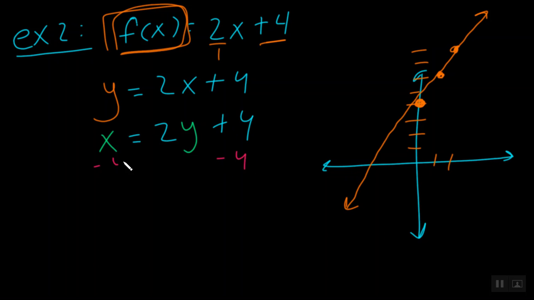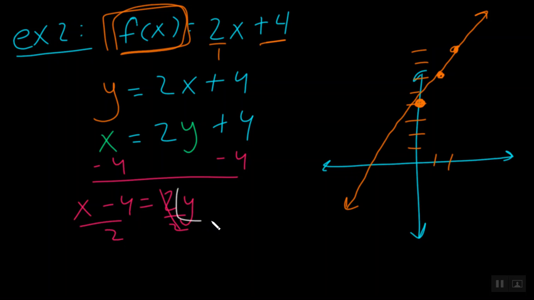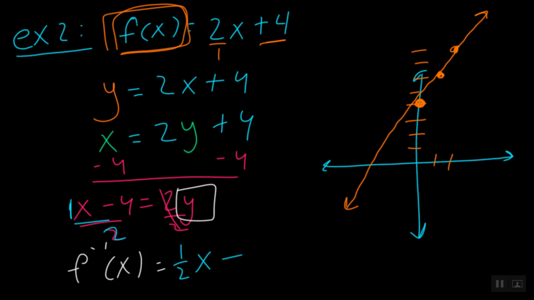So we'll subtract 4 from both sides, and we have x minus 4 is equal to 2y. Now remember, we'll divide everything by 2, and once that cancels out, I'm even going to take my y and rewrite it as f inverse of x is equal to 1 over 2x minus, and 4 divided by 2 is 2.